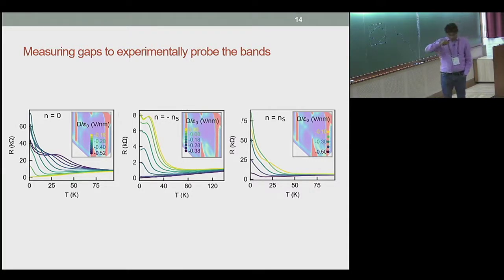As you tune the Fermi energy in the system, the extent of the trigonal warping becomes more and more dramatic. I would say it's tunable in that sense. Because we can completely tune electric field and density, we can tune the Fermi energy and sample more of the trigonal warping.